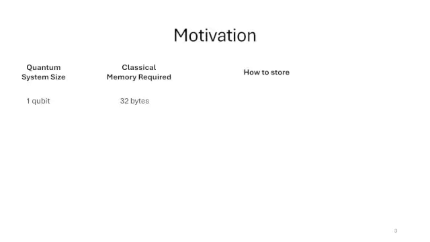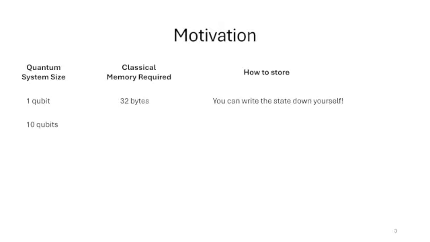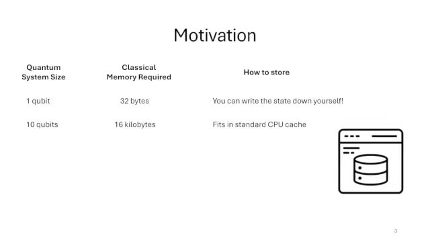How to store this? Well, you can just write it down in your notebook. So you don't need any significant storage capacity to do this. Now we move on to a 10 qubit system. How much memory do we need to represent it? 16 kilobytes. Can you write it down? Probably, but hopefully you have better things to do. But it does still fit in a standard CPU cache, so it's pretty light memory.